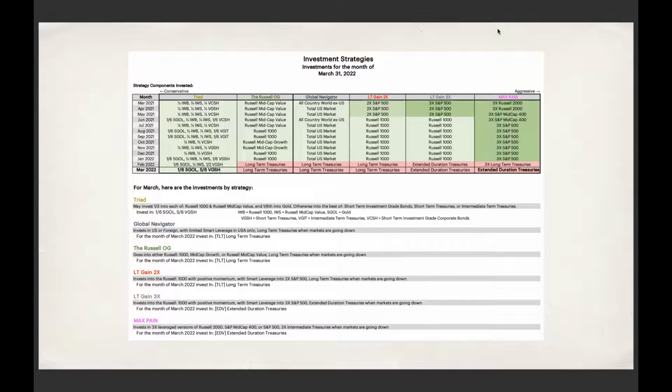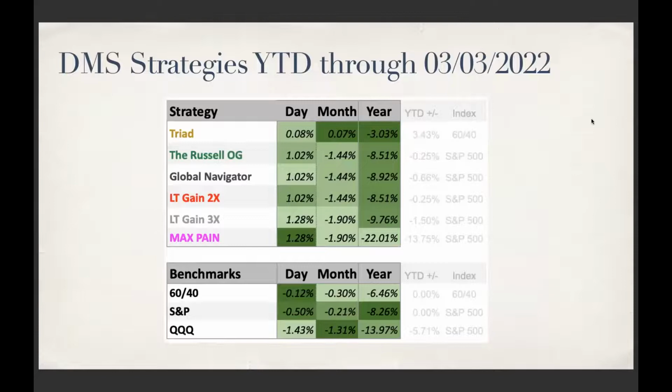I may be wrong, but I have the impression if you can scroll back to the latest allocation, like end of February, where things are. I mean this one here? Yeah. If that's the case, how can LT gain 2x versus 3x have a different monthly?